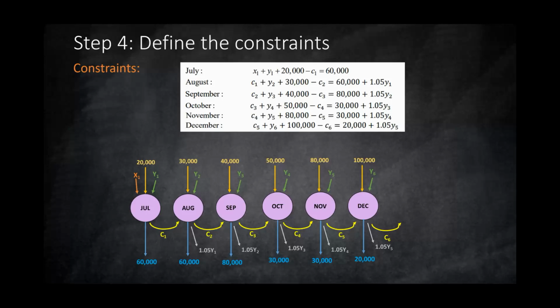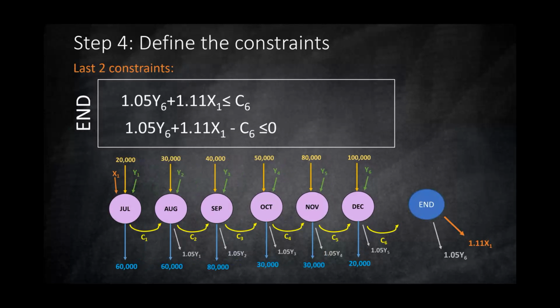Now we're not done with these constraints. We have 2 more constraints to take into consideration. Obviously, one of them will be the non-negativity, but let's see another type of constraint that we need to apply here. We need to deal with what happens at the end of these 6 months. So, dealing with the end. In December, we took a loan of Y6. Obviously, at the end, we'll need to pay that loan, and we also will need to pay X1 eventually.